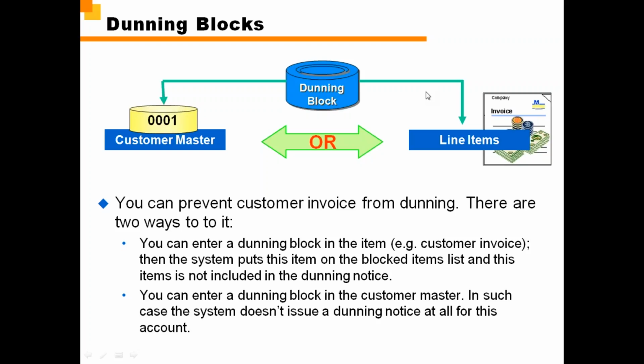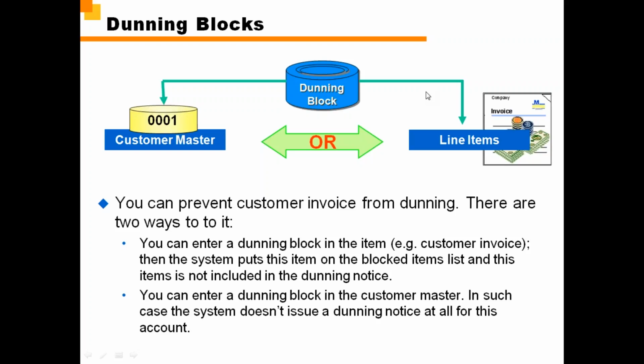So how will the system ensure that it does not consider these two invoices? For these invoices, we can put the dunning blocks. So when the system prints the dunning notices, it will not consider these two invoices. Why? Because there is a blocking at the line item level.